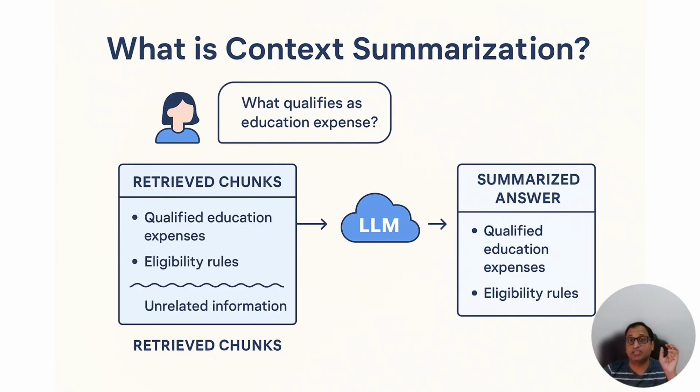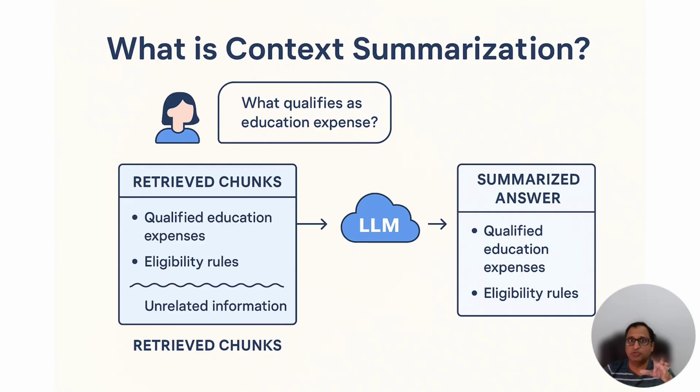Now let's understand what is context summarization. Unlike pruning, which simply cuts out irrelevant pieces, summarization takes all the information retrieved and rewrites it into shorter, more focused versions. But crucially, it keeps all important details.